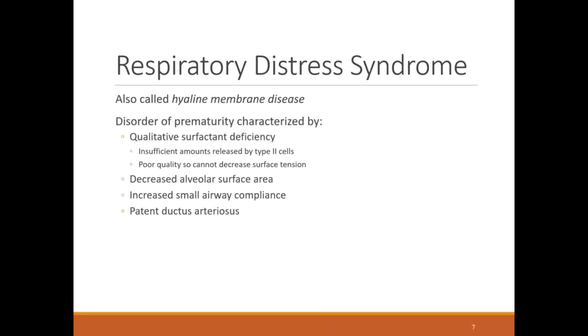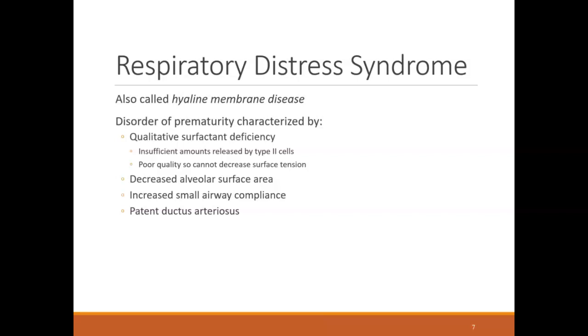So, respiratory distress syndrome. This used to be called hyaline membrane disease. I think most people call it infant respiratory distress syndrome now, IRDS. So this is a disorder that is characterized by insufficient surfactant. Babies are born prematurely, and they are not able to produce enough surfactant to neutralize surface tension in their alveoli, and their airways start collapsing.